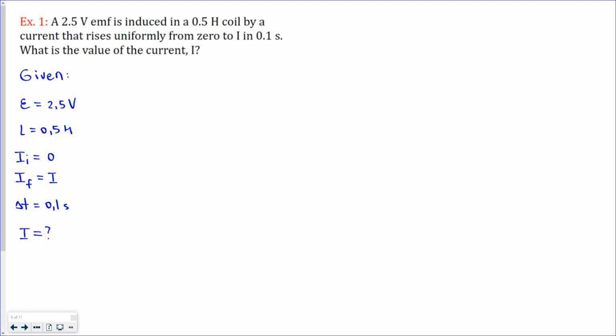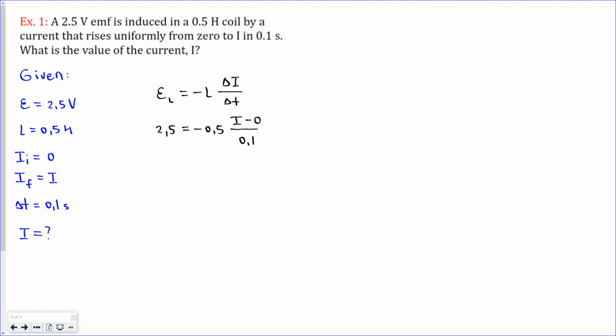So we have an equation for the self-induced EMF, and by putting the values into this equation we find the current. So 2.5 is equal to minus L, which is 0.5, and delta I is final minus initial, it is I minus 0, over delta T, which is 0.1.